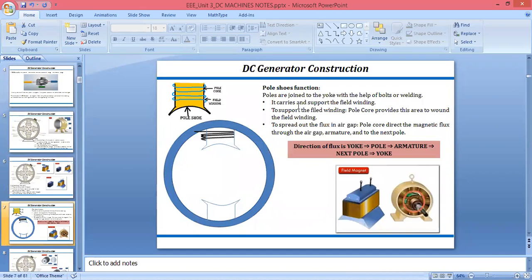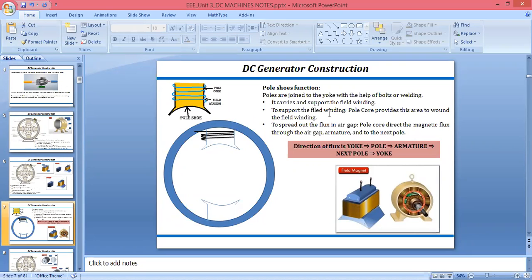Again, if you see, it will carry and support the field winding, because here we are giving the winding, so there will be introduction of the magnetic flux. So there will be the concept of EMF. EMF will get induced just because of this field winding which we are doing on the pole shoes.